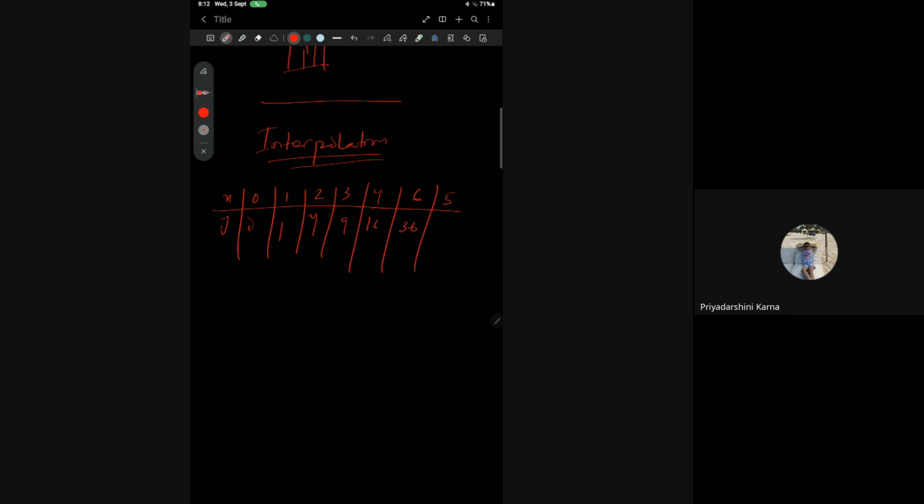What will be the value for 5? Yes, it is 25. But how do you know that?